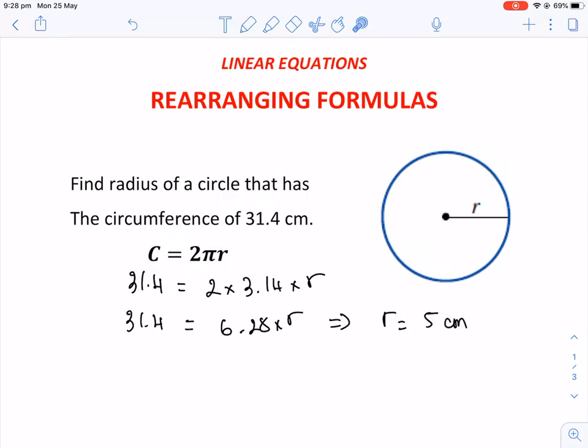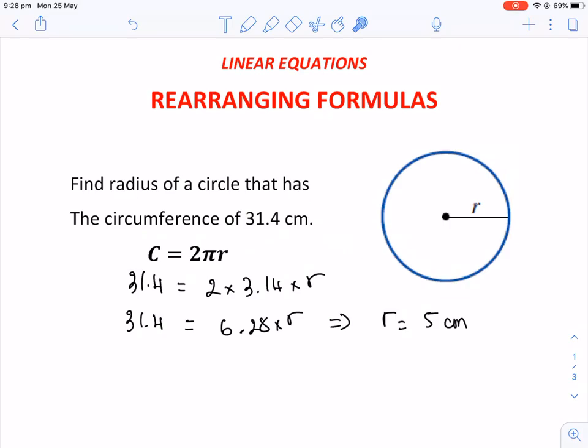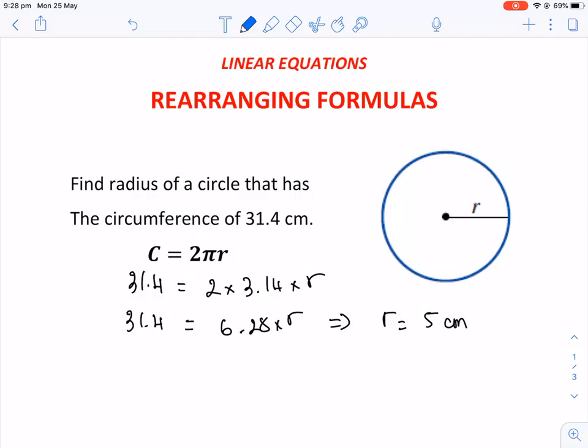This is the normal way that we do it. We substitute the value of the one that we know into the equation to find the value that we want to find. If we know how to rearrange the formula, we can do it a different way. For example, we have c equals 2 pi r, and I want to find r. Then I can rearrange the formula and make r the subject of the equation by dividing both sides by 2 times pi.